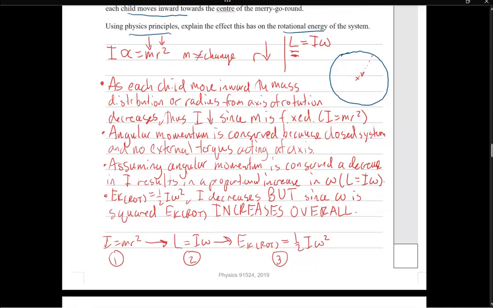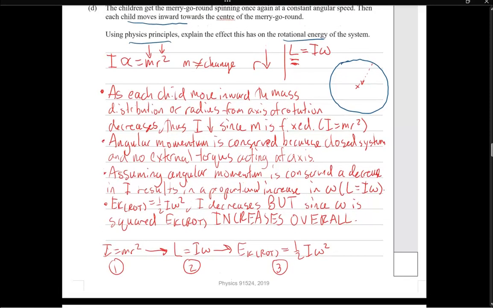So we got up to the second bullet point, which is angular momentum, L, is conserved because we're assuming it's a closed system and no external torques are acting at the axis of rotation. So that's this equation here. I'm just going to rewrite it again. Angular momentum equals rotational inertia times angular velocity.